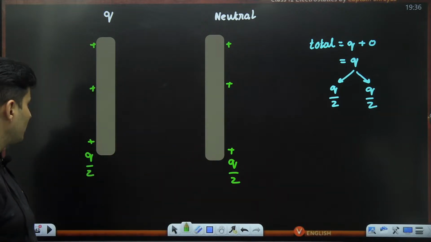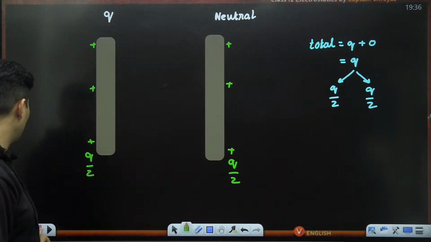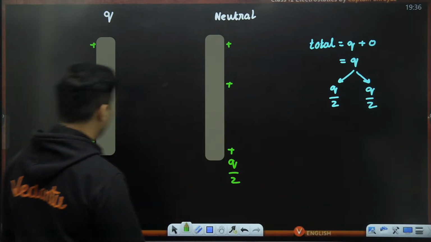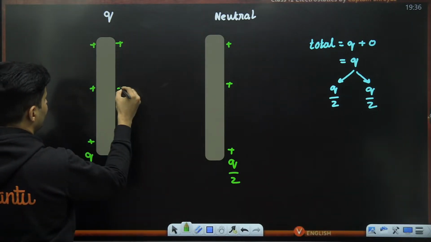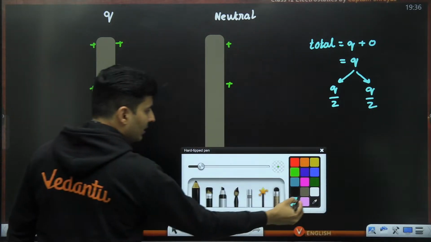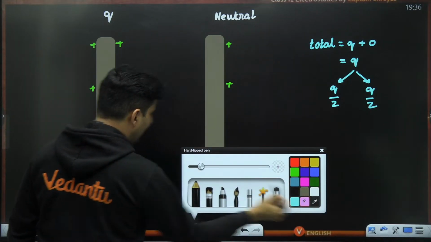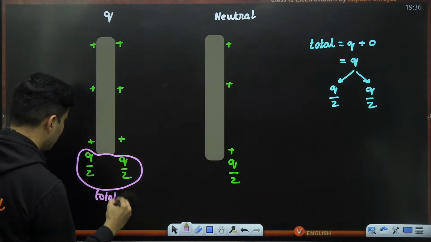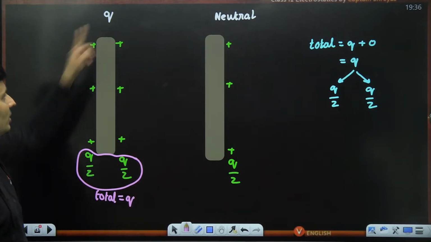But that's not the end of the story. The total charge has to be Q. So to conserve the charge, in the next step, the inner surface over here should have Q by 2, so that you can clearly see this total will be Q, which is what you expect.